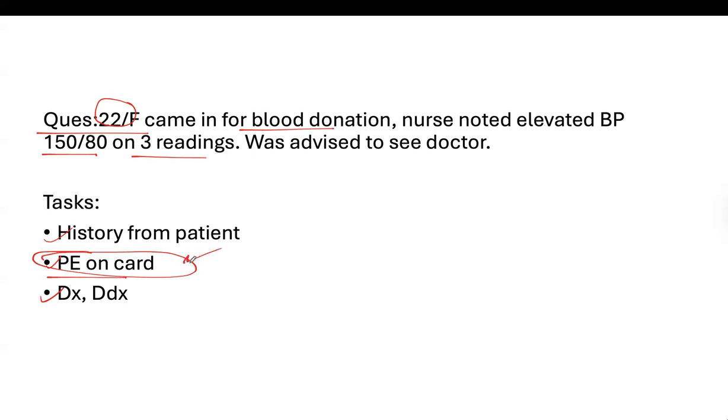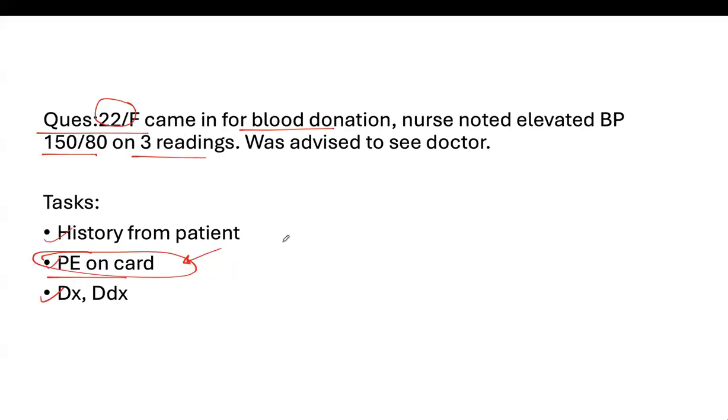This is usually given in the online exam, but in face-to-face, sometimes they can say that the physical examination findings will be given on a card, which means that in that case, you no longer need to ask the examiner for the physical examination findings. Once you finish your history, you can ask the examiner, can I please get my physical examination card? Then the examiner will give you a card with all the information of the physical exam. That is very easy because you don't need to ask anything. It's just all given. Okay, but it's not very commonly given in the exam, so don't be very happy about it.